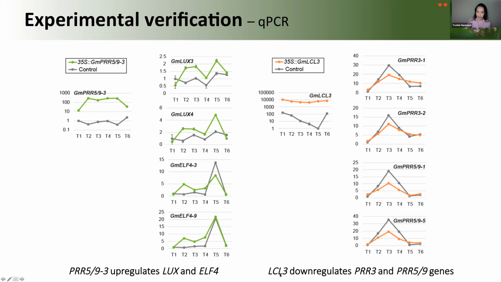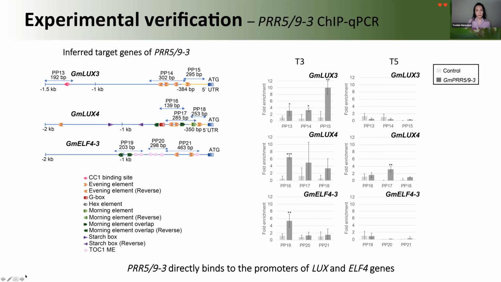It seems like LCL3 downregulates PRR3 and PRR5-9 genes. It is interesting because it's opposite to our inference results. This one seems to be correct. Now this one is opposite, but it turns out to be the same regulatory interaction as in Arabidopsis. So that gives us a certain level of confirmation.